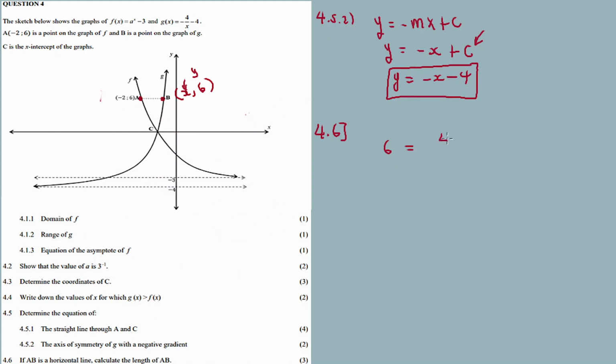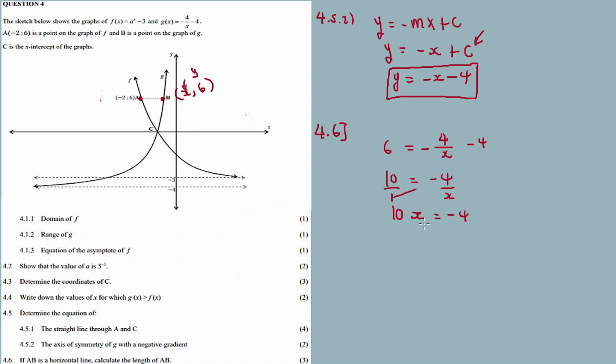I get 6 equals negative 4 over x minus 4. Then we solve for x: transpose the 4, so 10 equals negative 4 over x. Then we cross multiply, I get 10x equals minus 4, and the 10 is over 1.